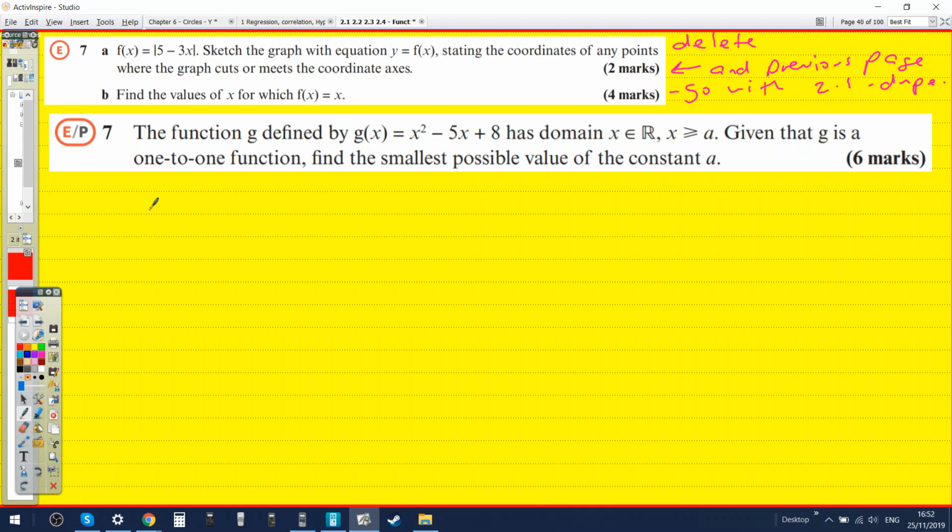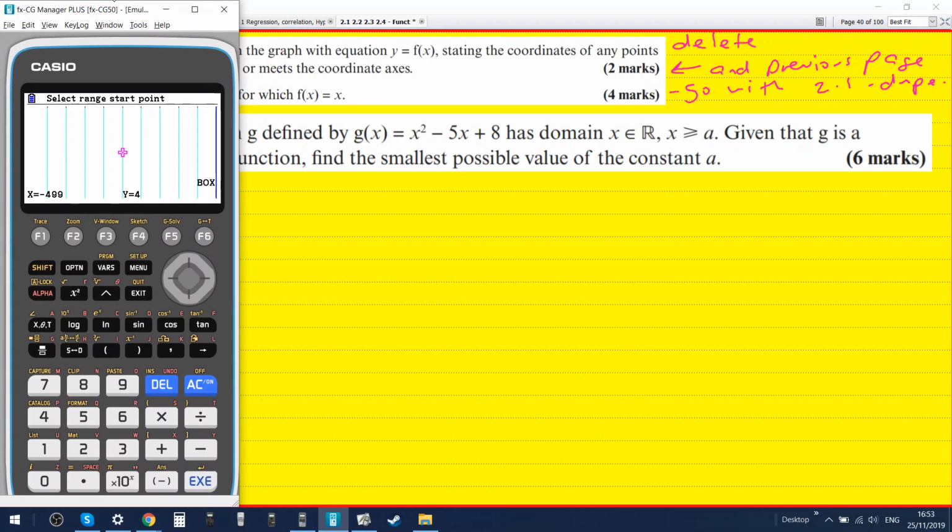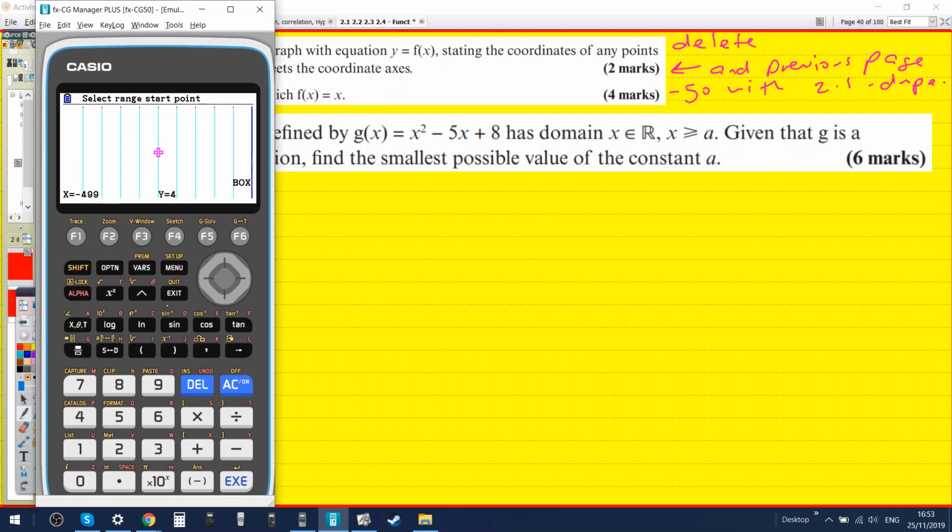So is A part of the domain? The domain, yes. So basically they're saying, well, let's just solve this. X squared minus 5x plus 8. Or no, hang on. Let's sketch it. X squared minus 5x plus 8.